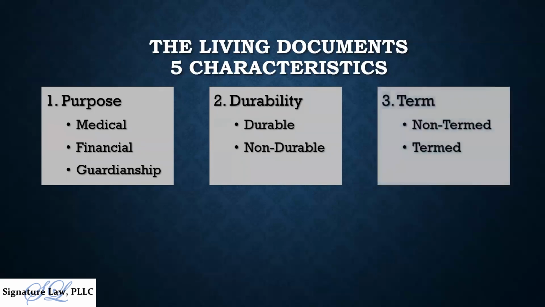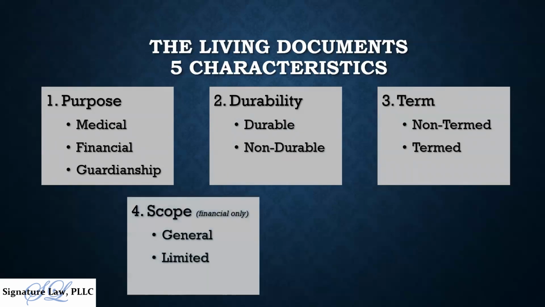The third characteristic is the term. A termed power of attorney is effective until a specific event or date. A non-termed power of attorney is effective until your death or rescission. Now, in estate planning, generally, we are focused on the non-termed power of attorney. The fourth characteristic is going to be scope. Now, this is for financial powers of attorney only.